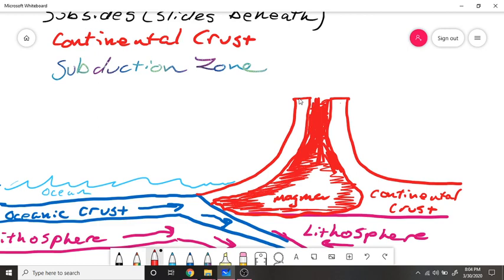So, where the oceanic crust meets the continental crust, it comes out in the form of lava.